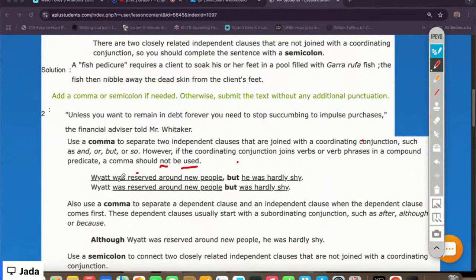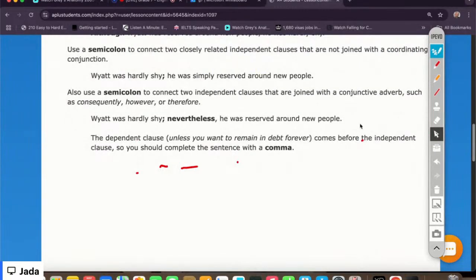Alright, let's look at this example. Unless you want to remain in debt forever, you need to stop succumbing to impulse purchases. So you add a comma or semicolon if needed. We have the dependent clause, unless you want to remain in debt forever, which comes before the independent clause.